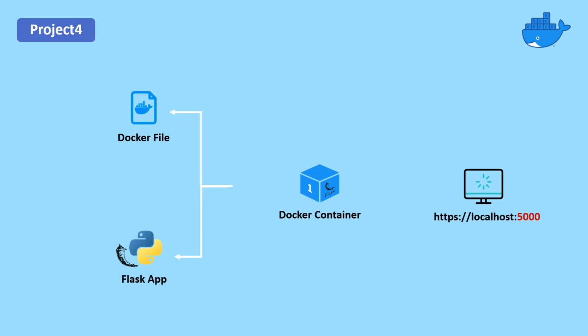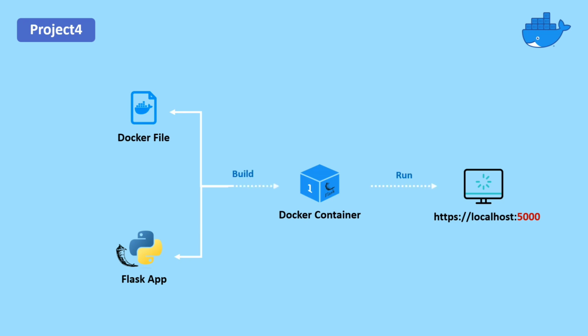The second step is to create a Docker file. This step involves creating a Docker file that defines the environment and dependencies needed to run the Flask application. The Docker file includes instructions for installing any required libraries and frameworks, copying the Flask app files into the container, and setting the entry point for the container.